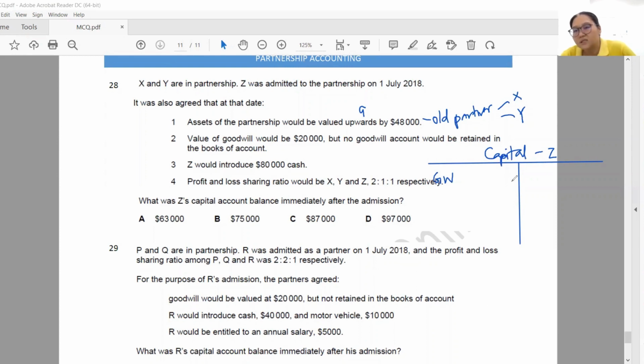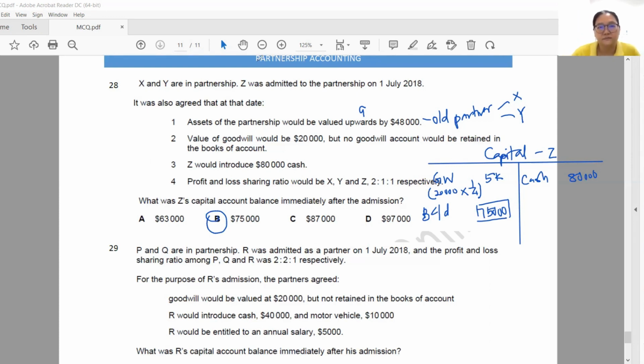When we write it off, 20,000 divided by 4, Z is sharing 1/4, which is equal to 5,000. The cash contributed is 80,000. So the new balance will be 75,000, which is the amount after Z injects the cash.